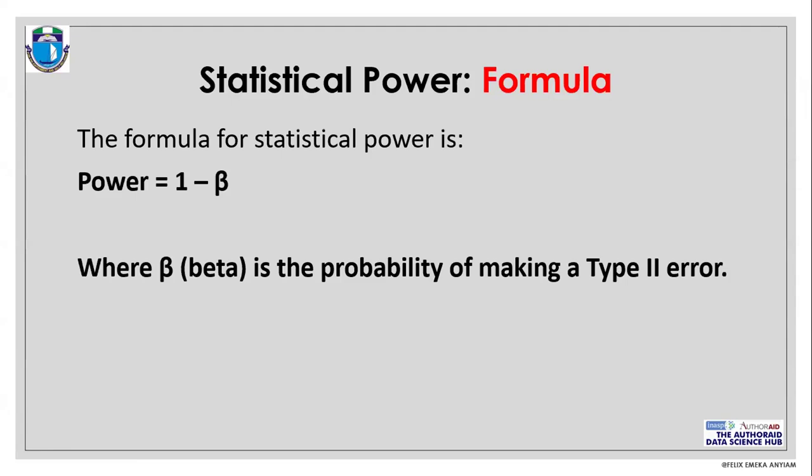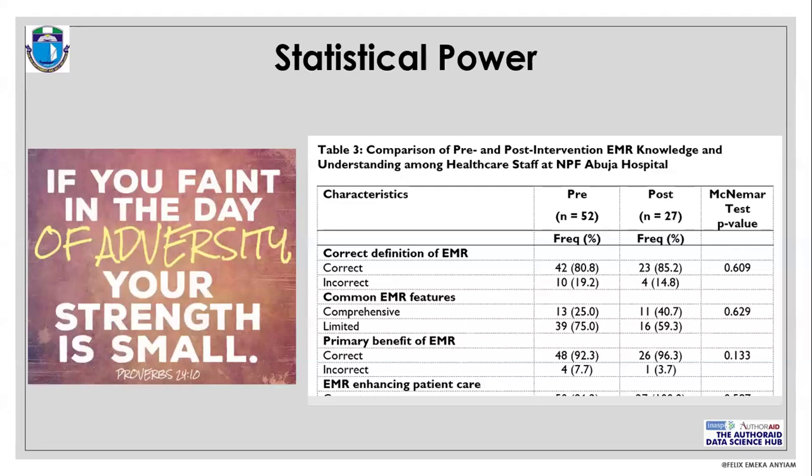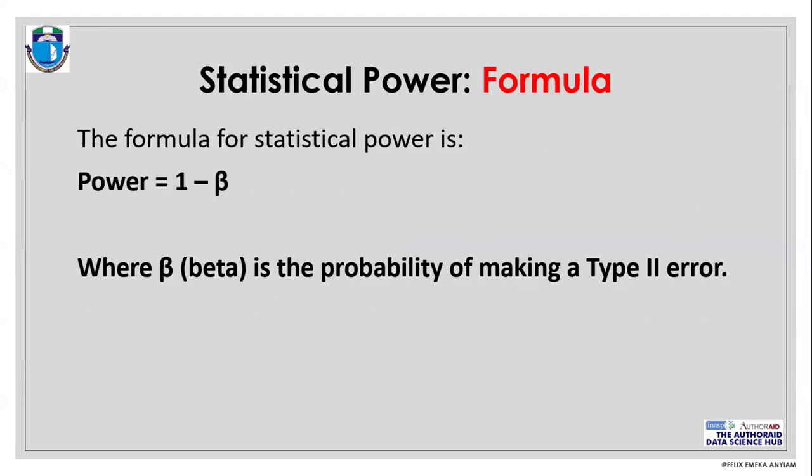So you're making a type 2 error. In other words, in this example, we should be having a significance, but we are not, because our power is small, so we are making a type 2 error.